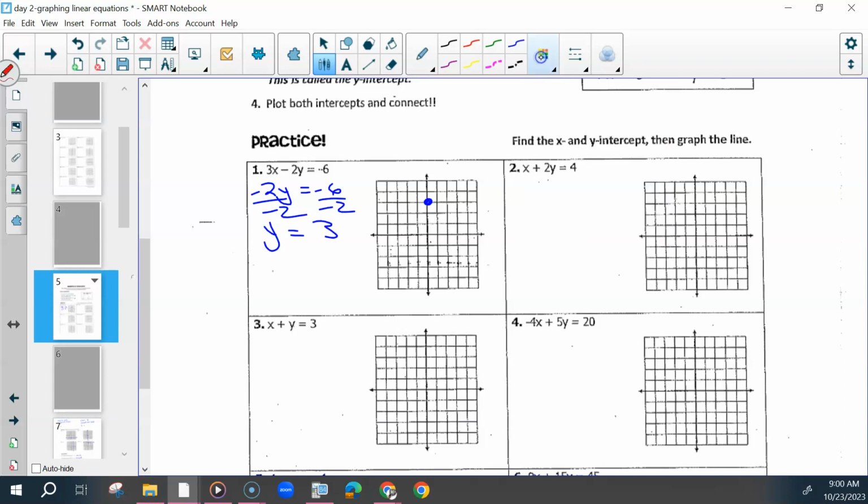Then we're going to do the same thing for x. If we were to cover up the y term and put what's left, that would be 3x equals -6. Divide both sides by 3 so that x equals -2, and you would put a point at -2. So you're only going to have those 2 points and draw a line through them.